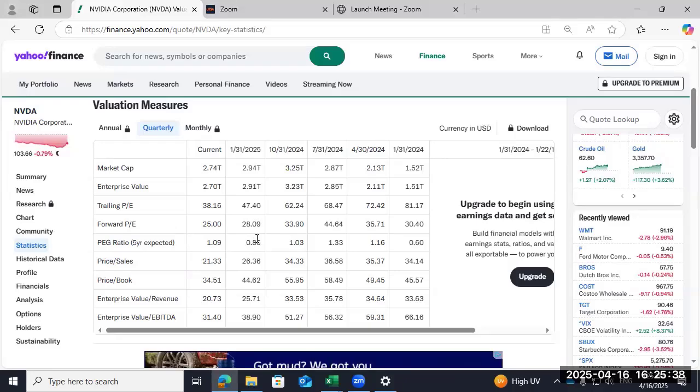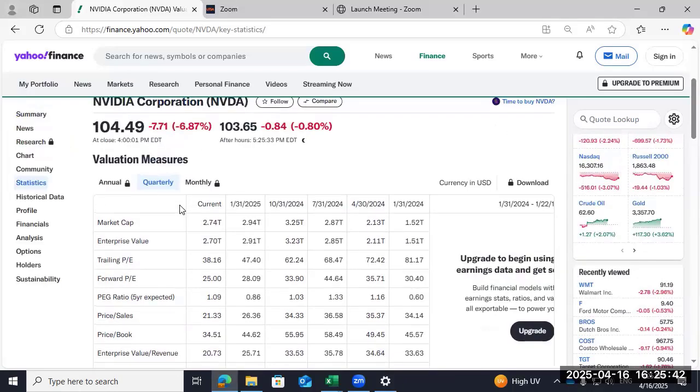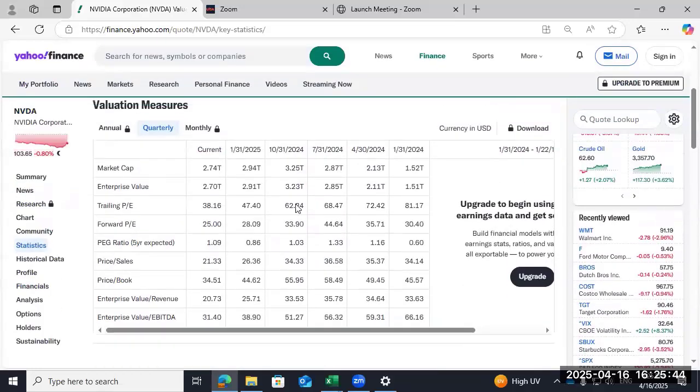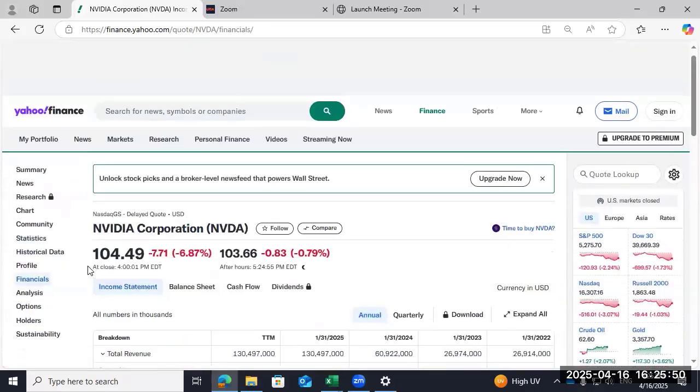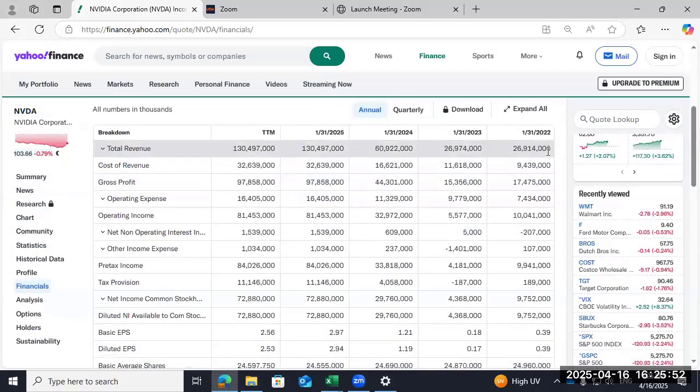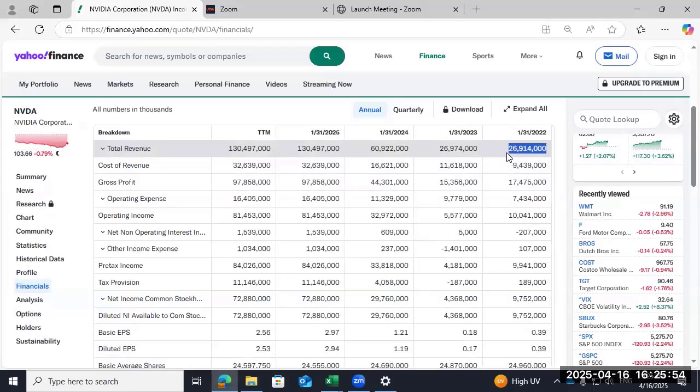Very high growth. Why? Because they're in the middle of the AI boom, so they're still expected to have really high growth. And they have had ridiculously high growth. Isn't this insane? They went from $27 billion in revenue to $130 billion in 2 years. I don't know if I can think of another company.